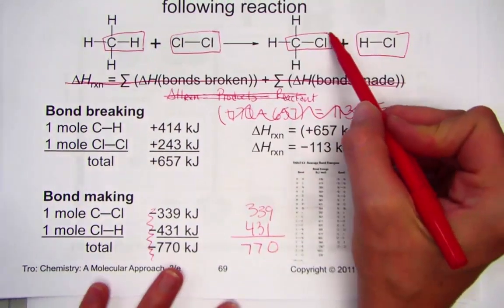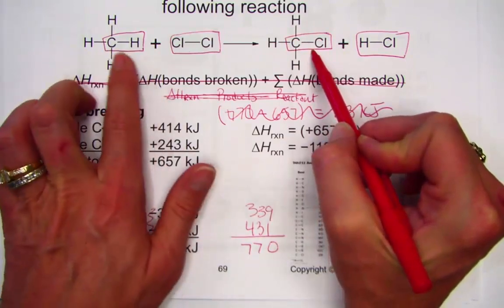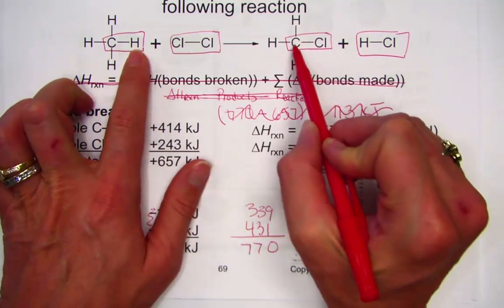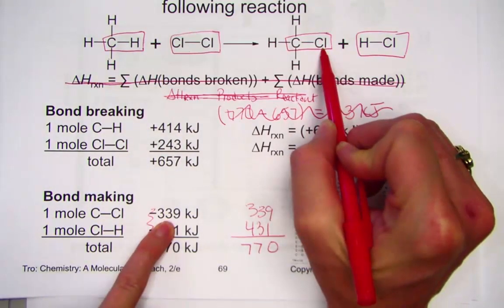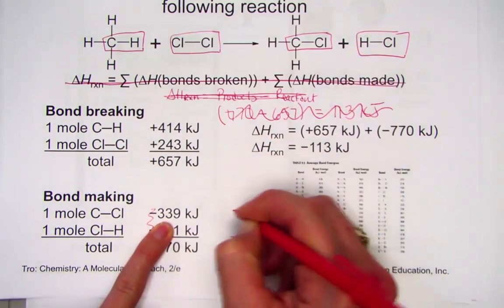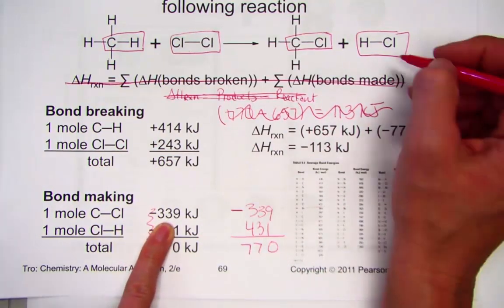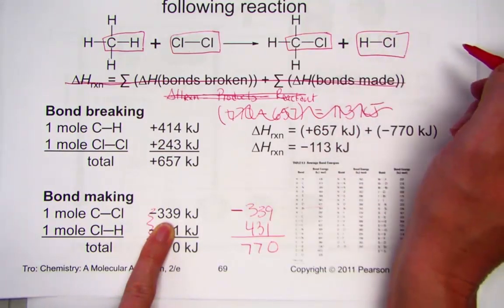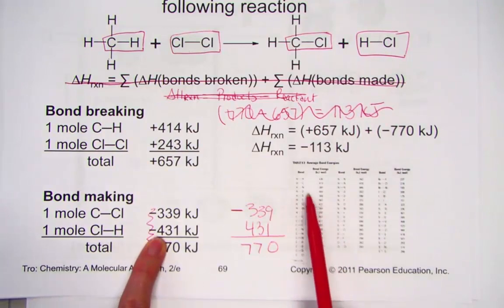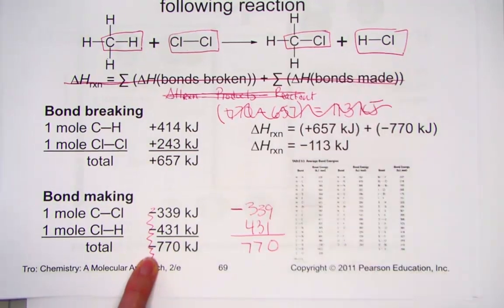Over on the product side, I had to create a carbon-chlorine bond. On the reactant side it was carbon to hydrogen. On the product side now, it's carbon to chlorine. Carbon to chlorine, 339. Notice the negative sign is being placed there because now the bond is being made, and that's exothermic, a negative value. We made an HCl. For HCl, I just look up hydrogen to chlorine, which is 431. Report that as negative because it is forming a bond.